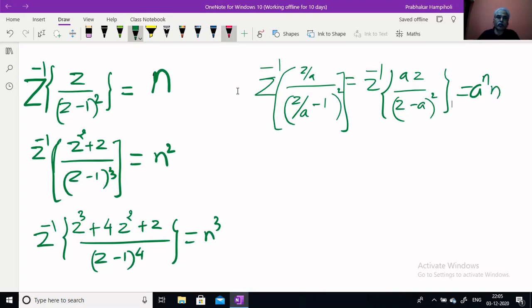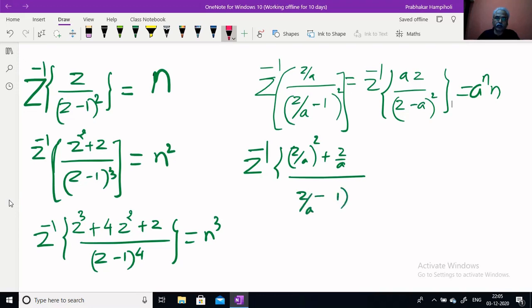Similarly, today we are going to use the next one which I am writing. If at all I am going to divide here by z by a, z by a, z by a, it looks like this: z by a whole square plus z by a whole divided by z by a minus 1 whole cube.